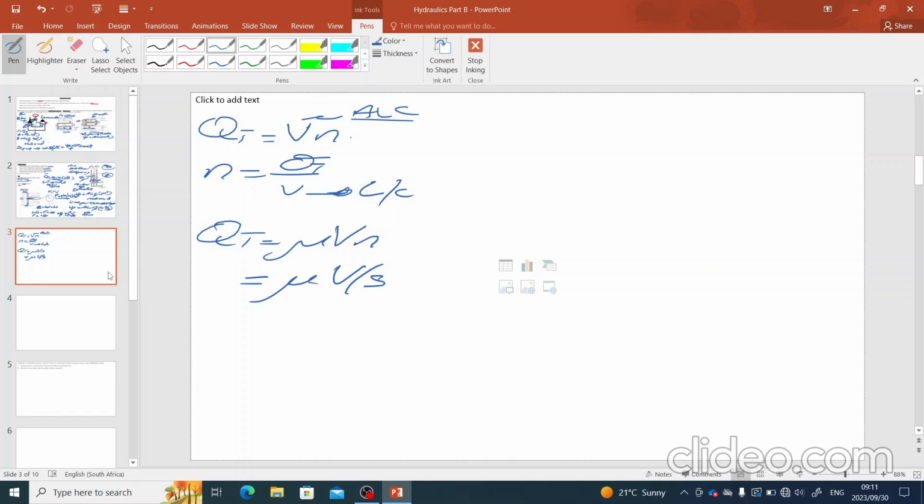Now, let's look at the application of the second part of hydraulics. Let's do it now.